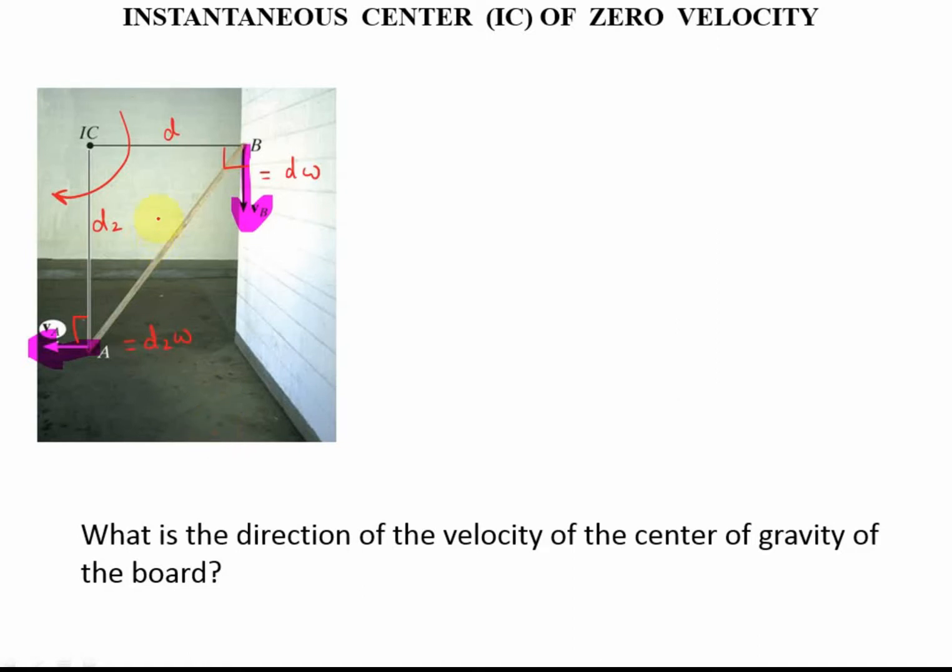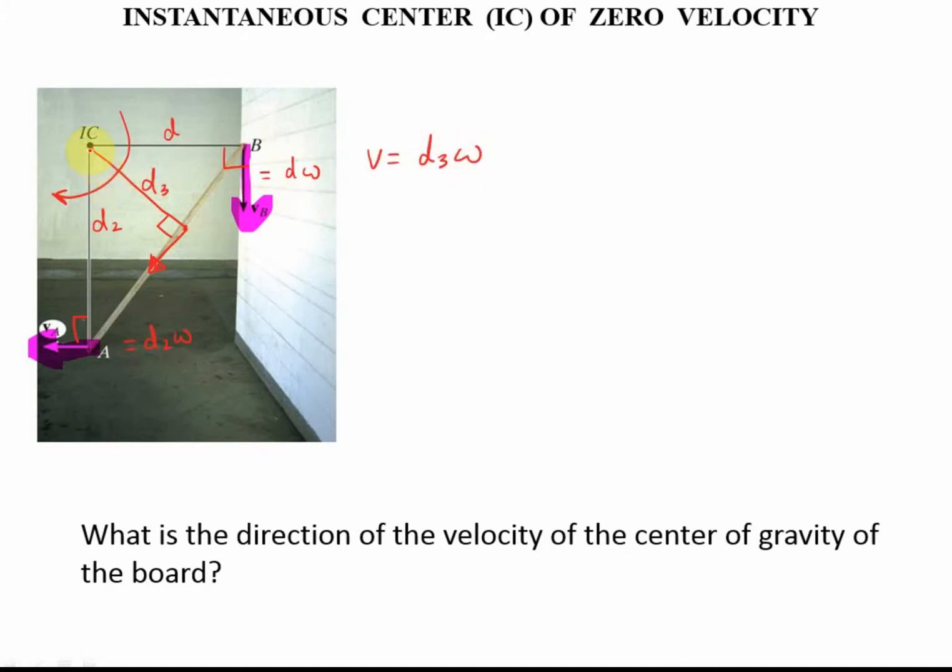So how about the velocity of the center here? As long as you can find the perpendicular distance from the IC, then your velocity is just that, because everything is rotating about IC. So as long as you know the distance from the IC to your point of interest, then your velocity is d3 omega.